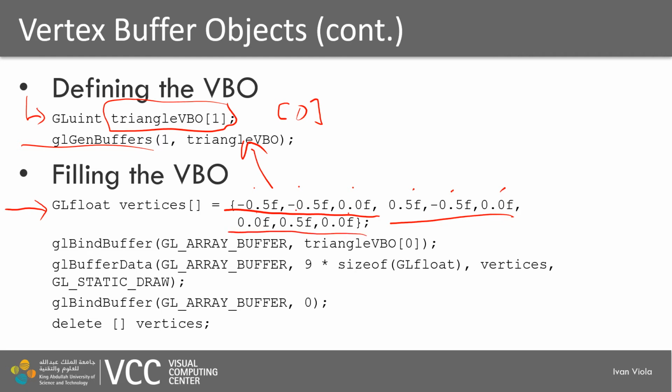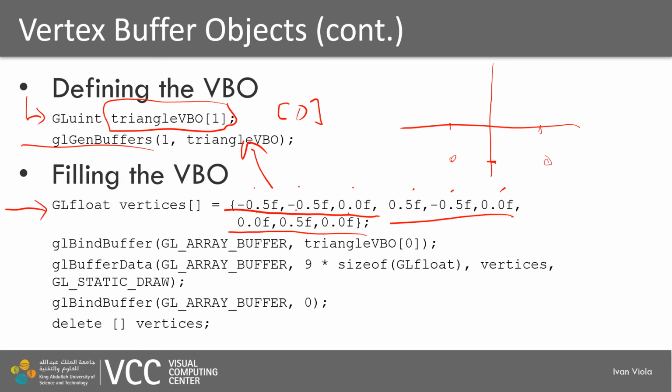How does it look like? Well, let's try to draw it. So we have minus 0.5 will be somewhere here, and minus 0.5 will be here. So that is one point of the triangle. Then minus 0.5 plus 0.5, so x.